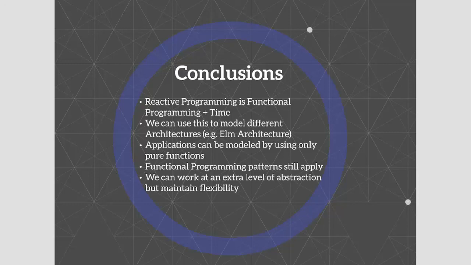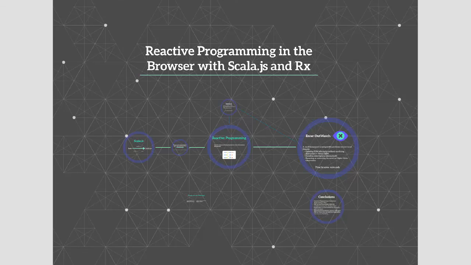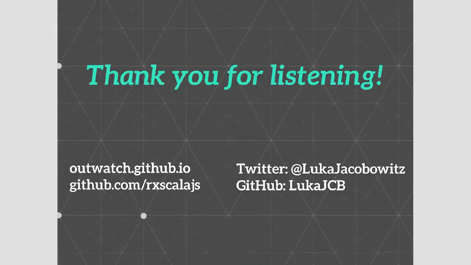We used a Redux store. There's one provided by Iwash, but none of it is required. You can just do whatever you want. And yeah, that basically concludes my talk. Thank you all for listening, and if there are any questions, I'd love to hear them.